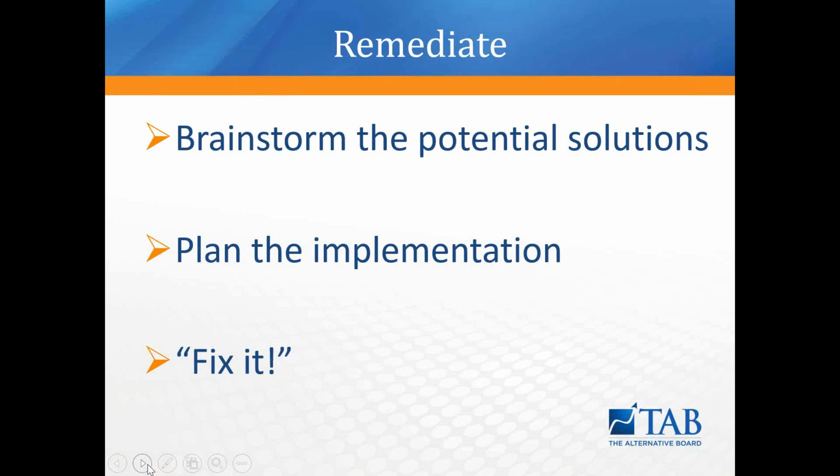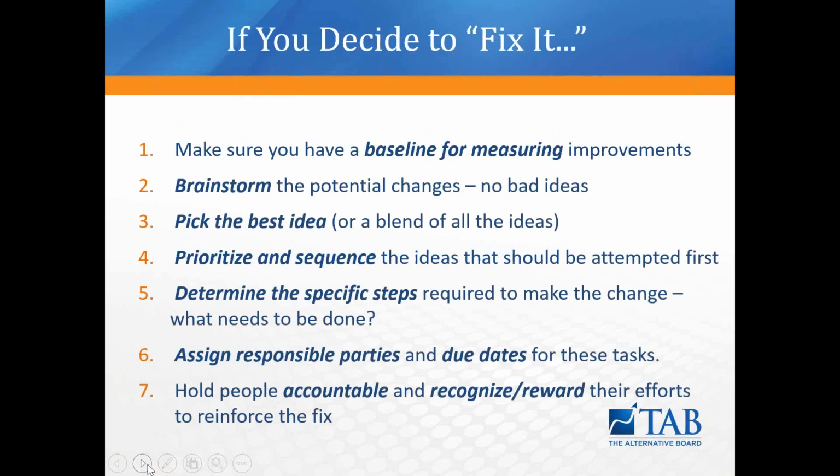Then we actually implement that and we fix it. So if we decide we're going to fix it, we make sure we have a baseline so we can measure where we were against our improvements, so we know whether we made things worse or better. We brainstorm the potential ideas. And in brainstorming, there are no bad ideas.